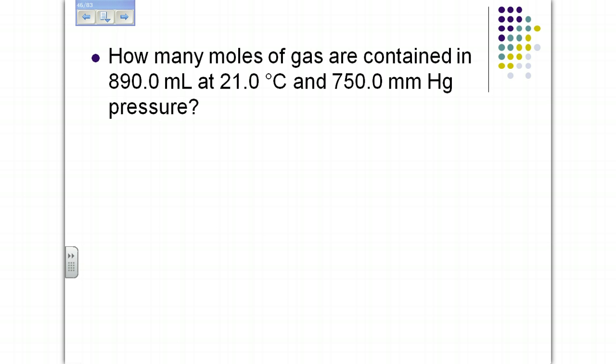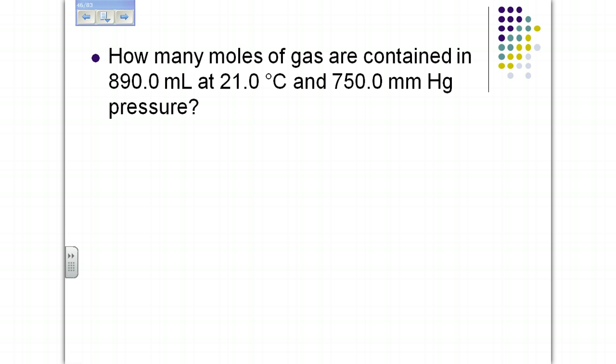So what we're going to do now, and tomorrow we're going to work on the ideal gas laws worksheet, is figure out how many moles of gas are contained in 890 milliliters at 21 degrees Celsius and 750 millimeters of mercury pressure. The first thing we're going to do is write down what we see.